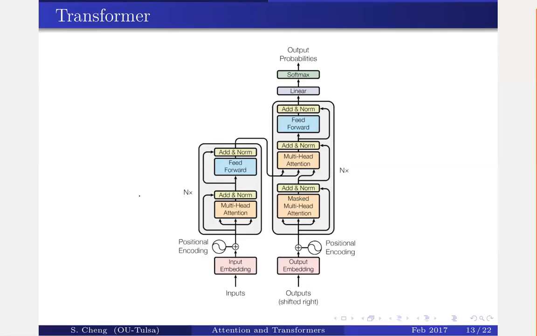Then the transformer essentially will look like this. Let me start with the original transformer. The goal again is language translation. So let's say a sentence comes in, and, again, I cannot speak Spanish here.